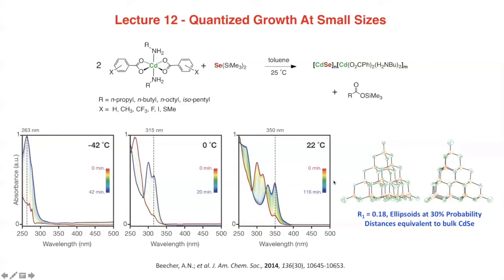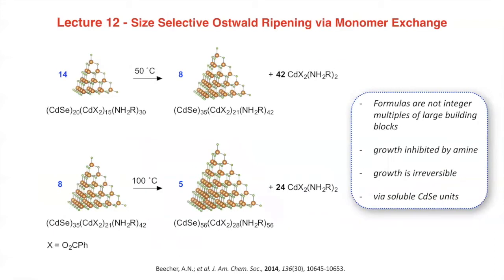And interestingly, this data allowed us to prepare this one example cluster very carefully, isolate it, and get an X-ray structure of it. And it's really just a simple pyramid of the zinc blende structure. There's a lot of work behind all this, so I'm just going to jump ahead and say that we did that for a couple of different pyramids, all of which are shown here.